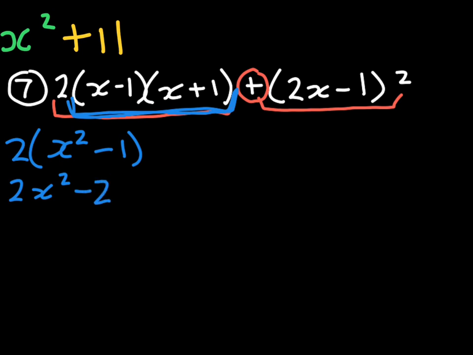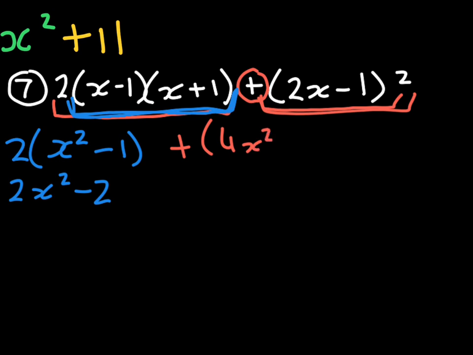Now for the second set over here, we need to square those parentheses, and thankfully we've also got a rule for that. So our rule says that when we're squaring parentheses, we square the first term, so that'll give us 4x squared.